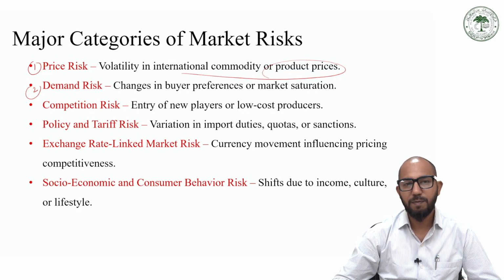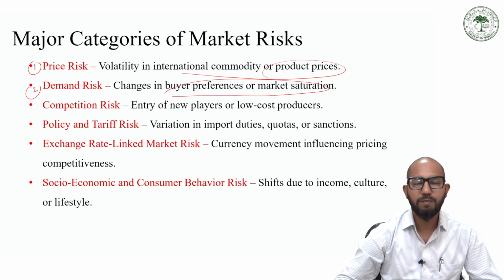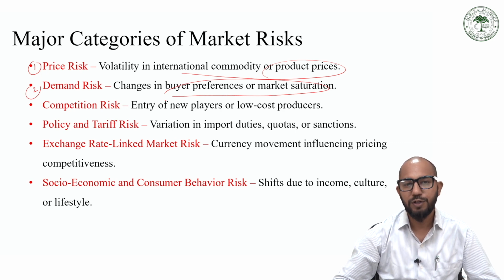Changes in consumer preferences, changes in the income level of the consumers, as well as other factors such as weather, technological preferences, etc., may change the demand of the product in terms of the consumer's need. Therefore, the buyer's preference may keep on changing, and this is also an important category of market risk.